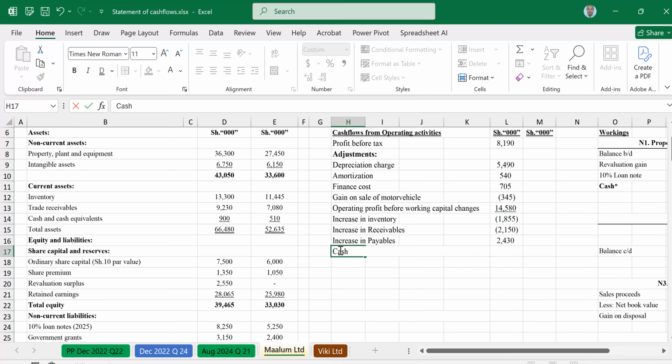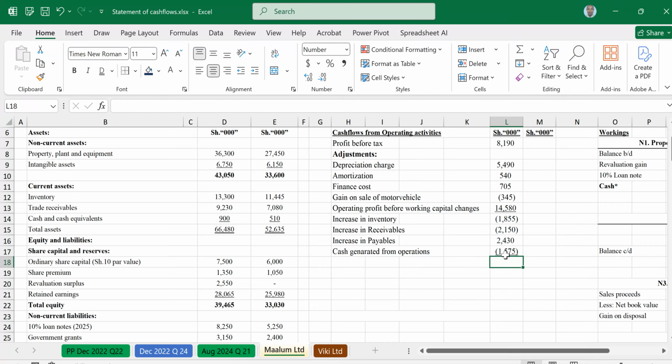Then cash generated from operations. Sum everything. Cash generated from operations is to be summed from operating profit before working capital changes.